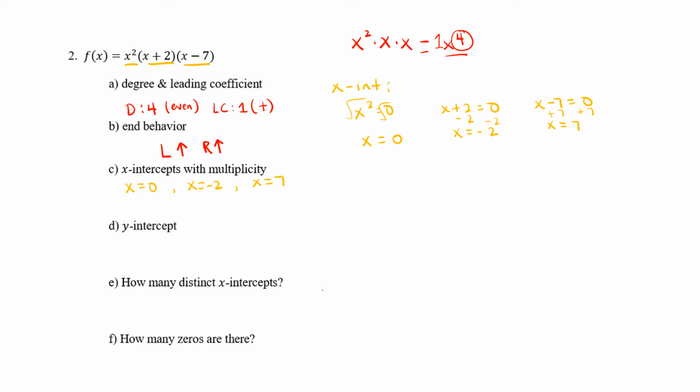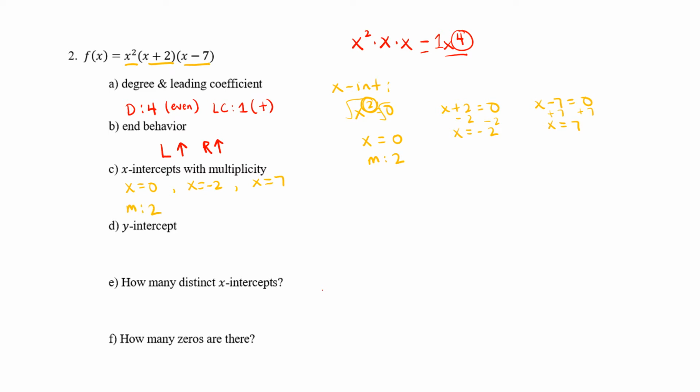Now, determining the multiplicity at those x-intercepts. Multiplicity says how many of that specific factor there are, so we look at the exponent. x squared has an exponent of 2, which tells us it has a multiplicity of 2. There's 2 values of x there.